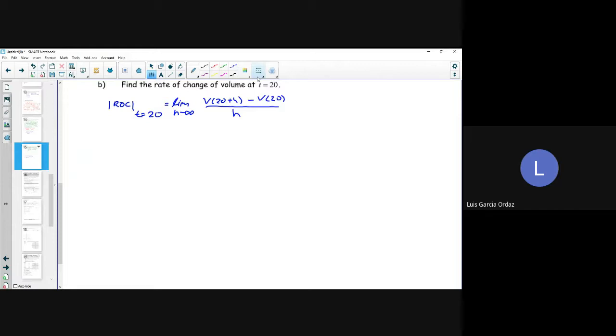So remember our formula is V of t is equal to 50 times (30 minus t) squared.